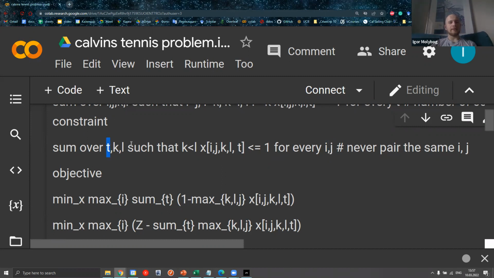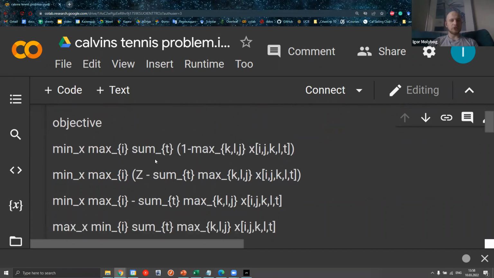If we consider all of the t and all of the opponents kl, the x_ij must be equal to 1 only once, out of all of the sets of indices that we are considering. Therefore, the summation must be less than or equal to 1. It could be equal to 0 if ij never played together, but it cannot be greater than 1.